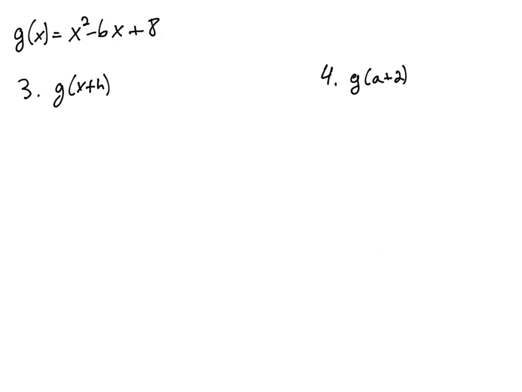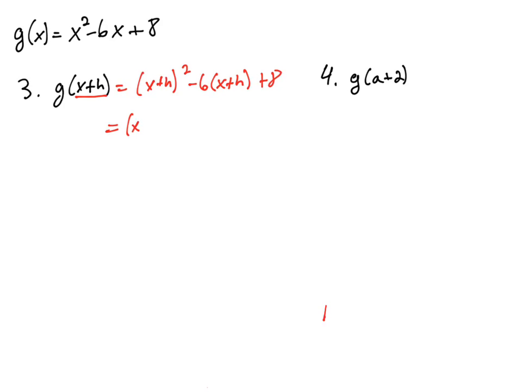All right, 2 more examples here. In number 3, we're going to input x plus h into the function, so we get (x plus h) squared minus 6(x plus h) plus 8. Now this one's slightly different because we're putting an algebraic expression, x plus h, into the function, but things are still going to operate in the same way.